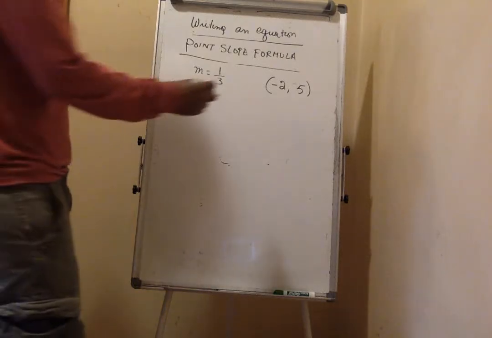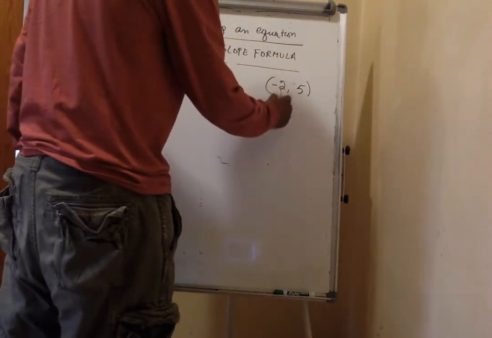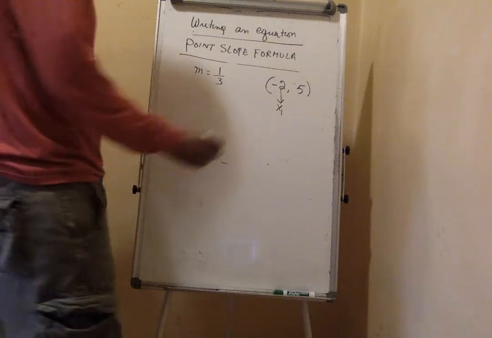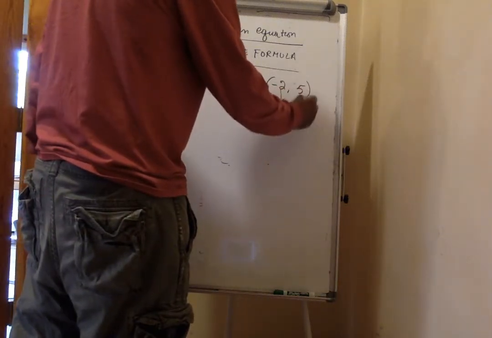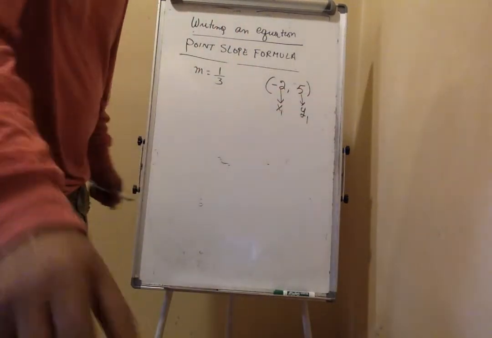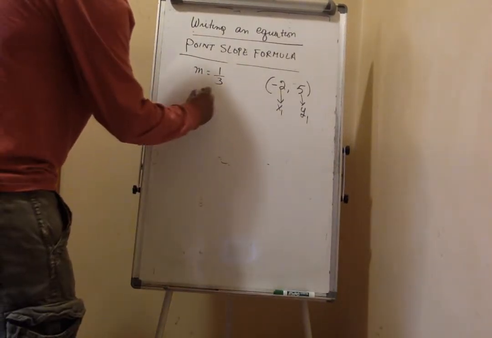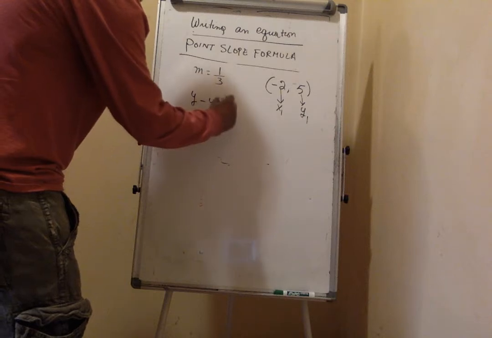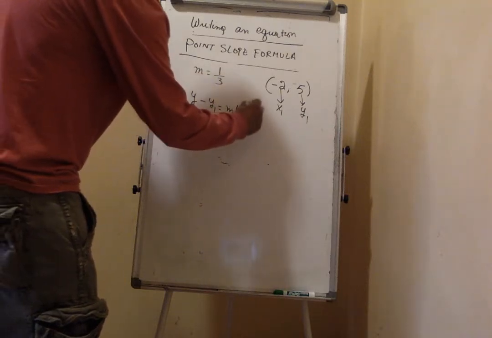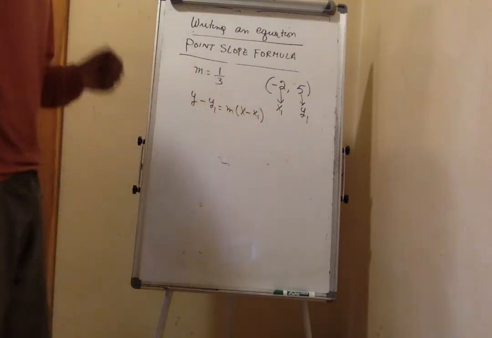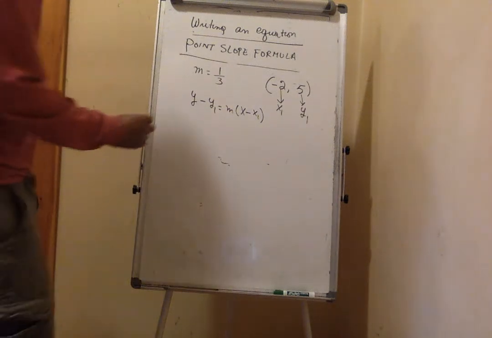So all you need to do is put this one as your value of x, which is x1, and this is your y1. Then use the formula y minus y1 is equal to m times x minus x1. Your y1 is 5.